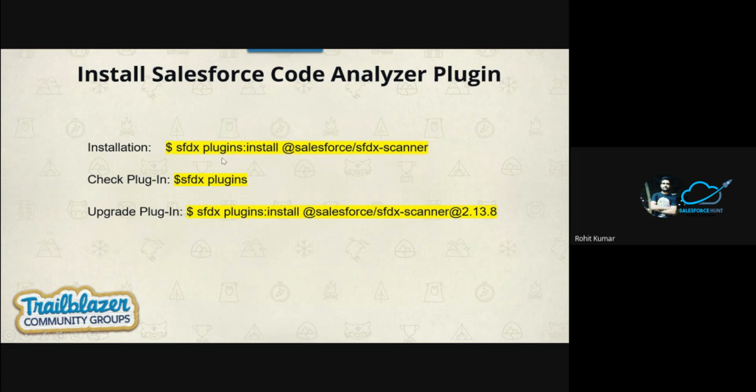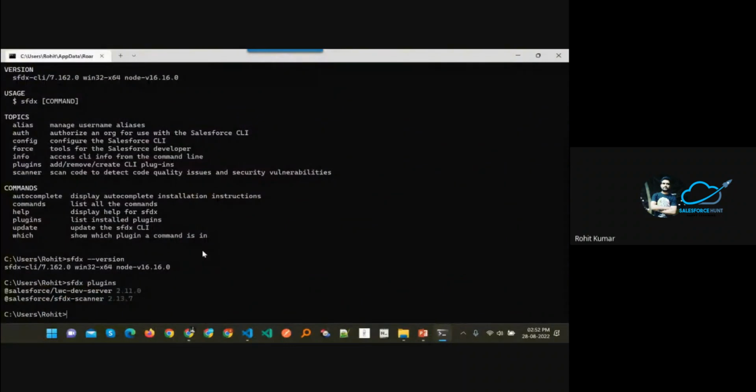Once you install this scanner code analyzer plugin, you have to check whether this plugin is installed in your machine or not. I already checked this plugin with the help of the sfdx plugin command.